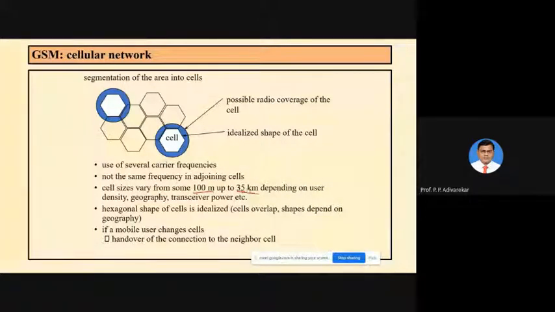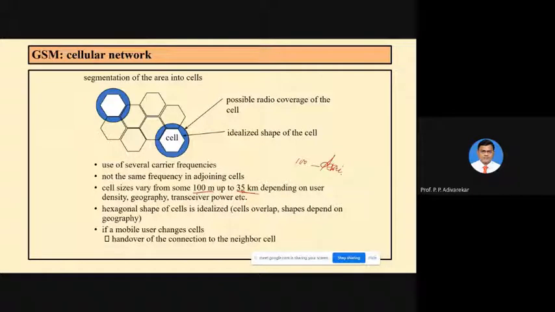In a crowded city like Mumbai and Thane, the cell size will be only up to 100 meters, because the density of users is quite high. But if you move to villages, it can be extended up to 35 kilometers or more, depending on the population.